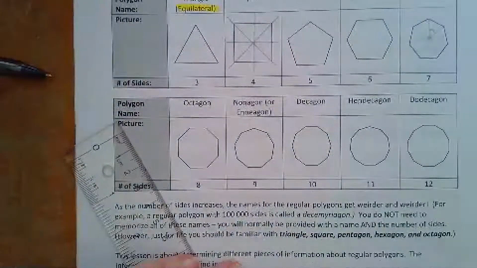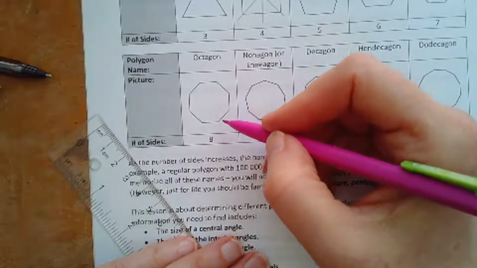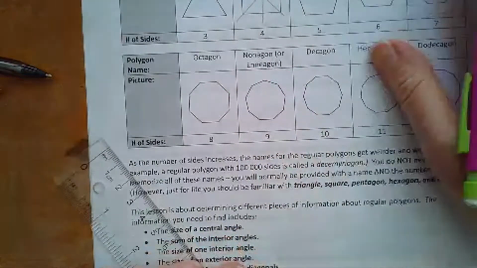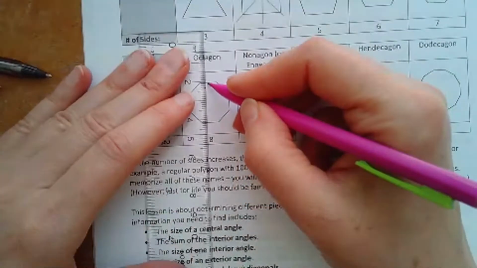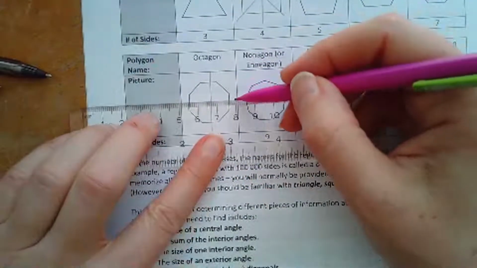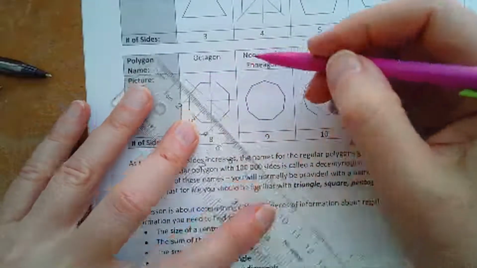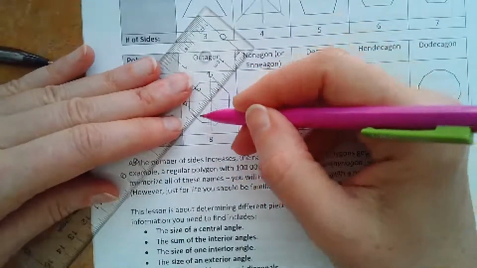Let's take the 8-sided shape. We'll do one more even side. Okay, so here's an even side. So find the middles of the opposite sides. 1, 2, 3, 4.